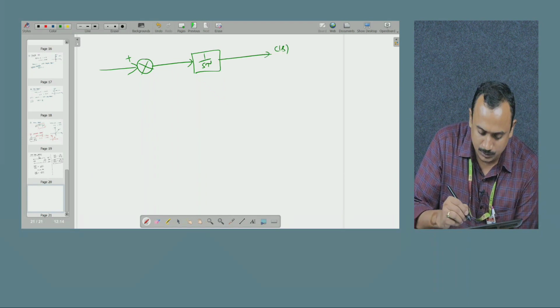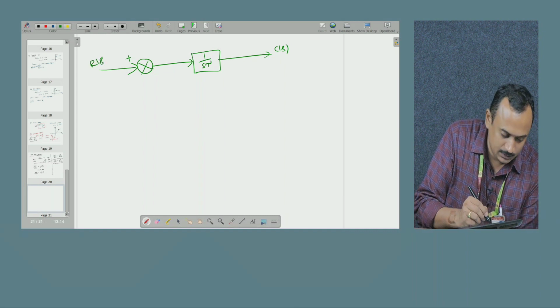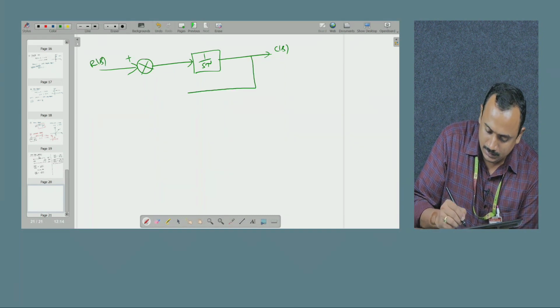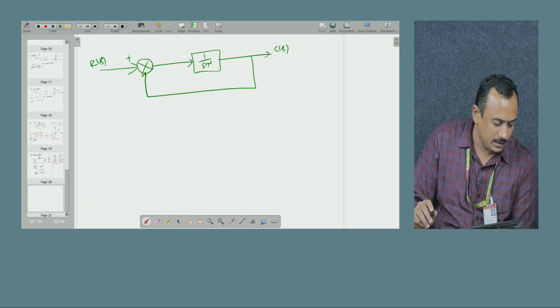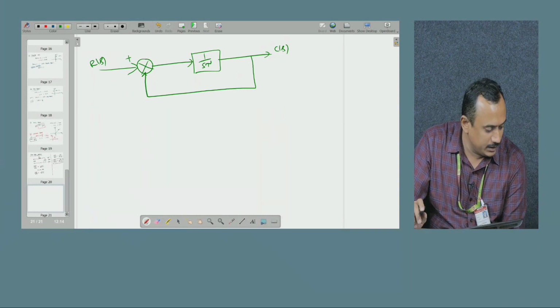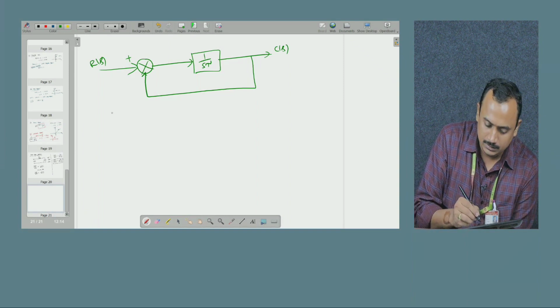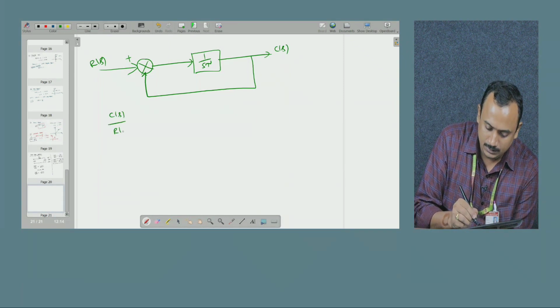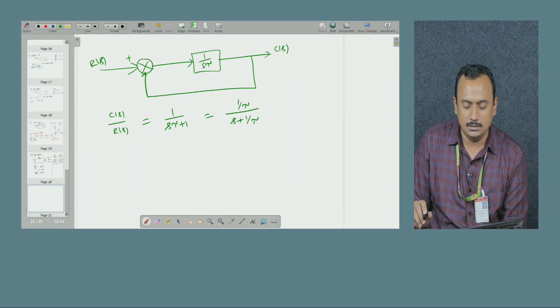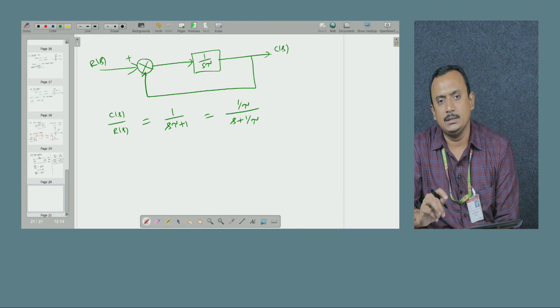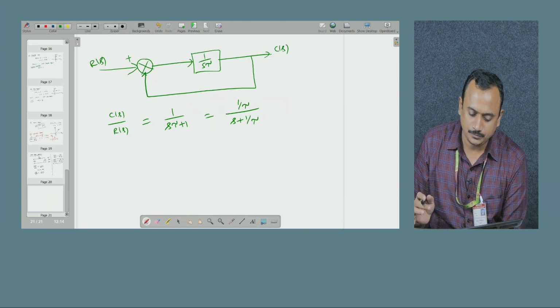C of S is the output, R of S is the input, and since it is unity feedback, finally you will get C of S by R of S equal to 1 by S tau plus 1, or 1 by tau by S plus 1 by tau. So here I just represented it in block diagram representation.